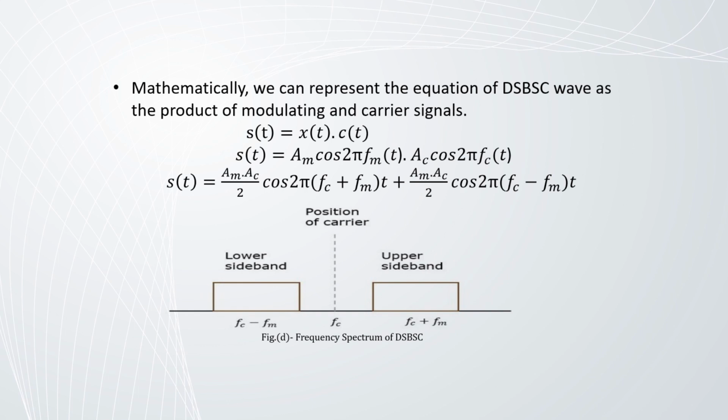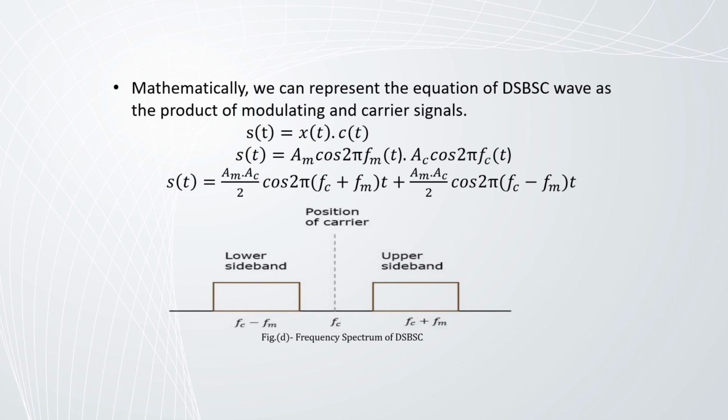Now, applying the trigonometric formula of cos A into cos B, the equation will be S of t is equal to Am into Ac by 2 cos 2 pi (fc plus fm)t plus Am into Ac by 2 cos 2 pi (fc minus fm)t. From the above equation, we can observe that it has only two sidebands, upper sideband with frequency fc plus fm and the lower sideband with frequency fc minus fm.